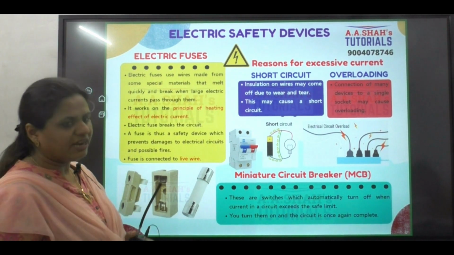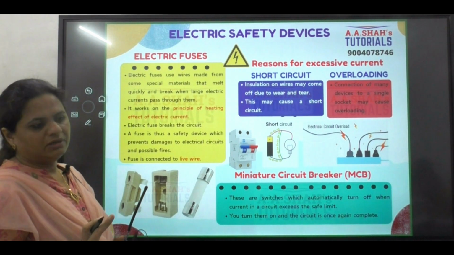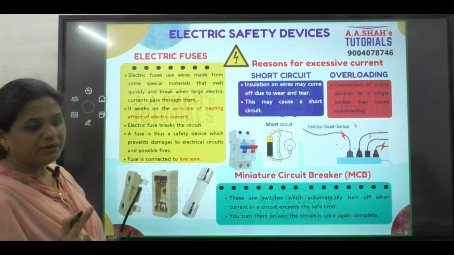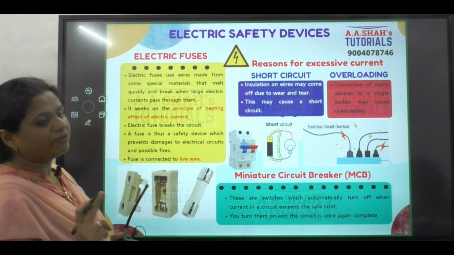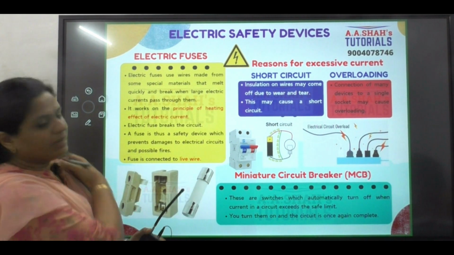And when there is an electric fire, you don't use water to extinguish it. You use fire extinguishers, but not water. That's very important. An electric fire is different from other fires.